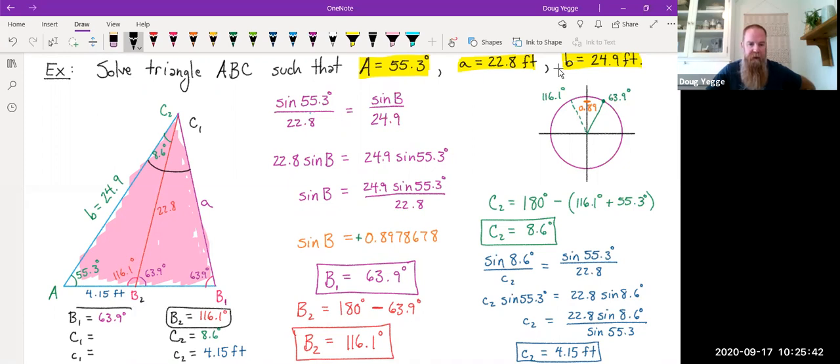Okay, we're going to be able to now use this angle. All right, so let's set up another law of sines.